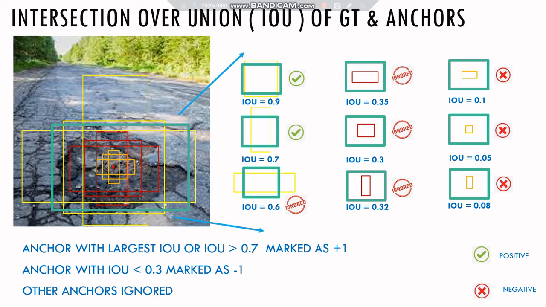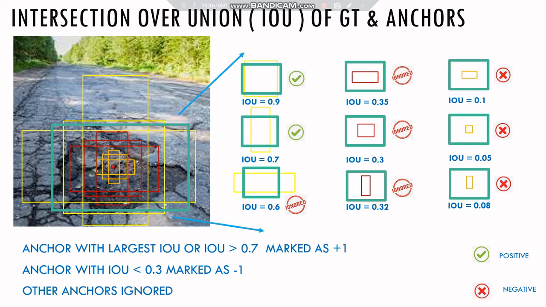But there was one more condition which was kept here. Suppose you don't have an intersection over union of 0.7 or greater. In that case, the anchor box with the largest intersection over union was taken for training.